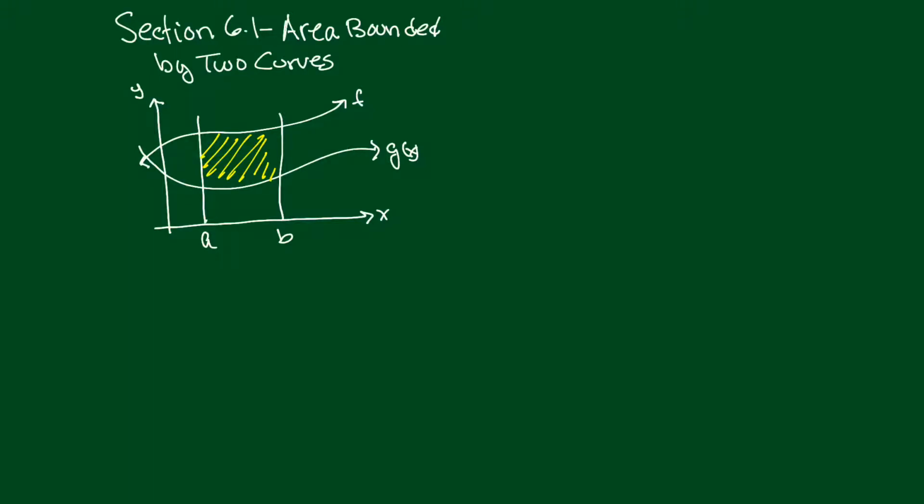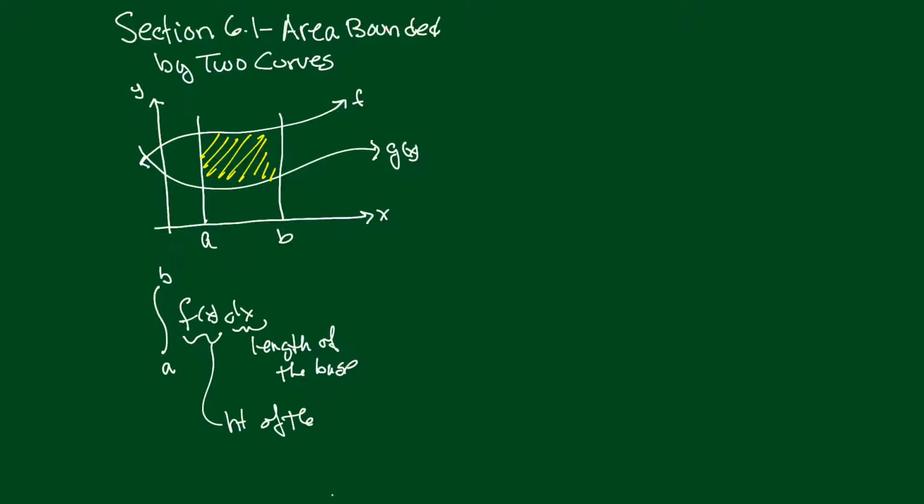Now in chapter 5, when we were finding the area bounded by the curve and the x-axis, we had this as an integral from a to b of f of x dx, where this dx, remember, was the length of the base, and the f of x was the height of the rectangle.